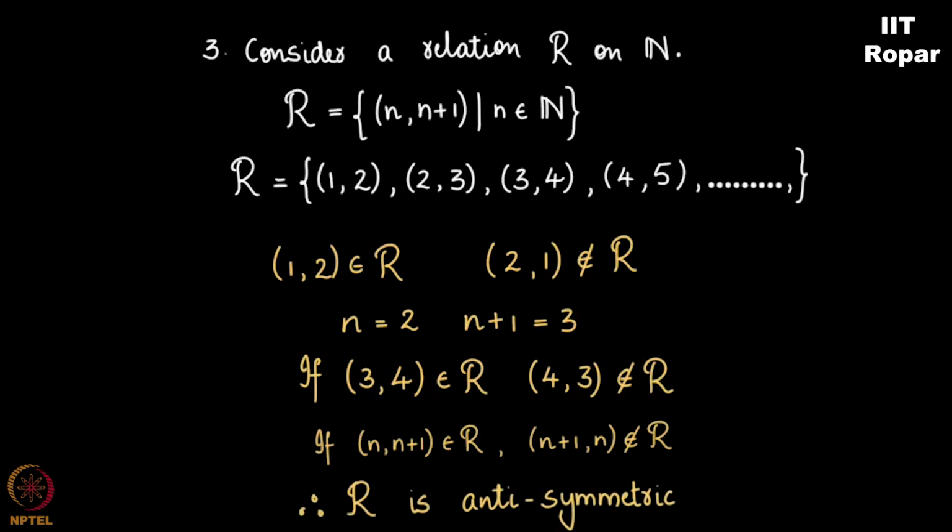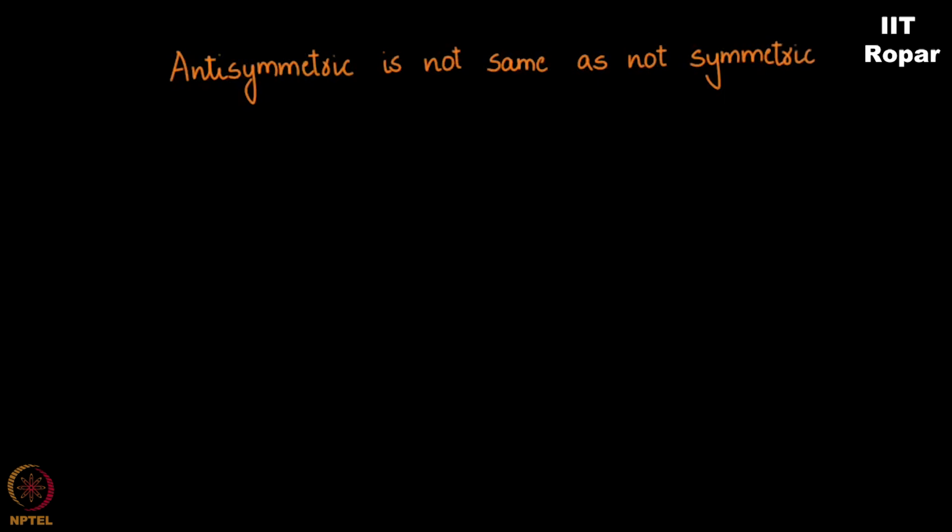Let me mention something very important here. Antisymmetric is not the same as not symmetric. Often these words are confused. Antisymmetric is thought of as not symmetric, but it is not the case in mathematics. Let us see how. I'll give you a simple example. Let the set A be equal to {1, 2, 3, 4, 5} and let R be this relation.